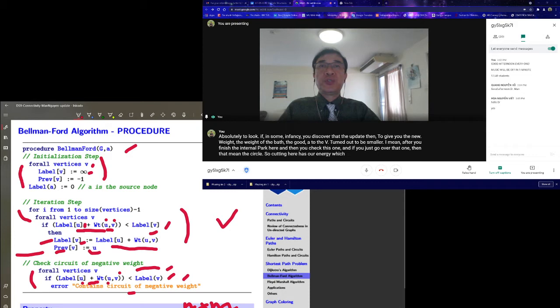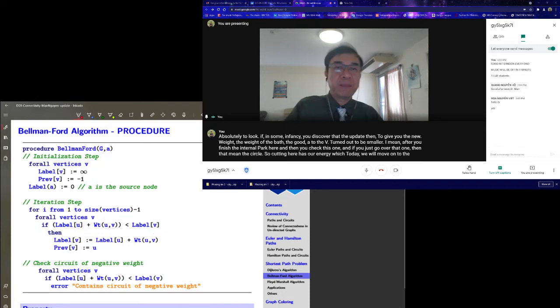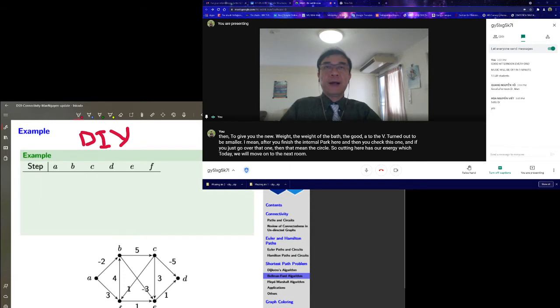Today we will move on to the next algorithm, which runs very well for the dense graph. I mean, Dijkstra and Bellman-Ford are good, but not for a graph with much connection inside. For a graph with a lot of edges, they run slow.